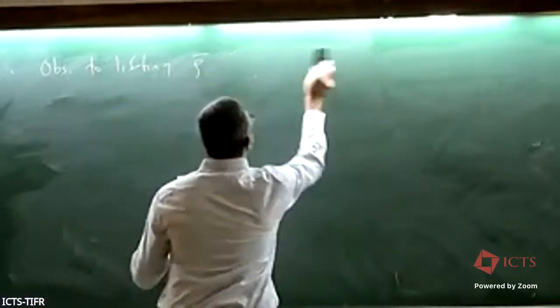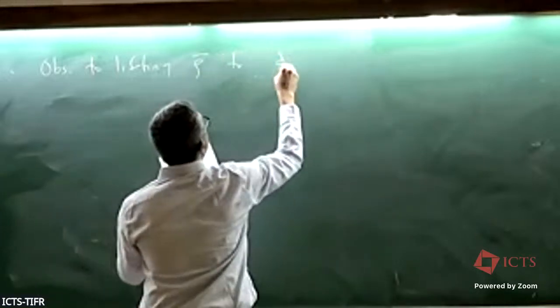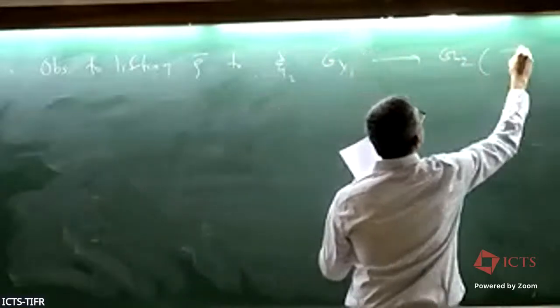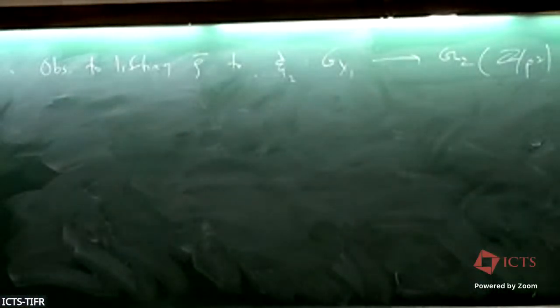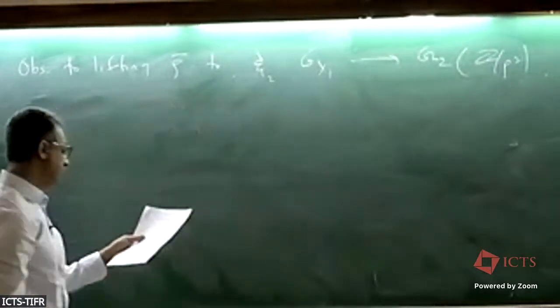Sorry, rho bar is still sigma, but we want to lift this from mod p to an element xi2 from G_X1 to GL2 Z mod p squared, with some primes attached, ramification primes attached.